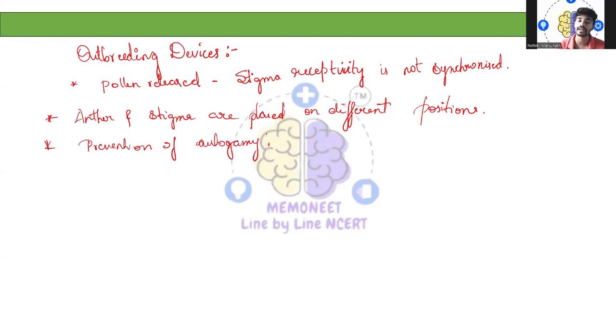The third device to prevent inbreeding is self incompatibility.